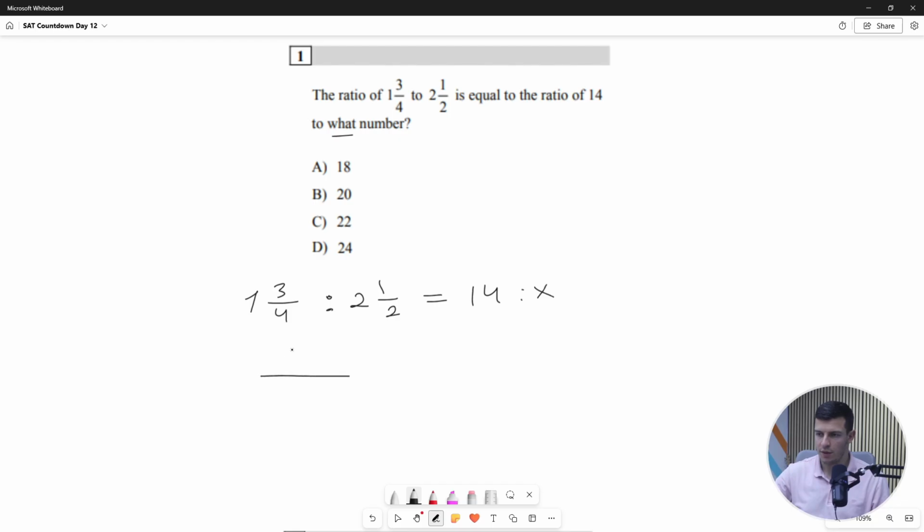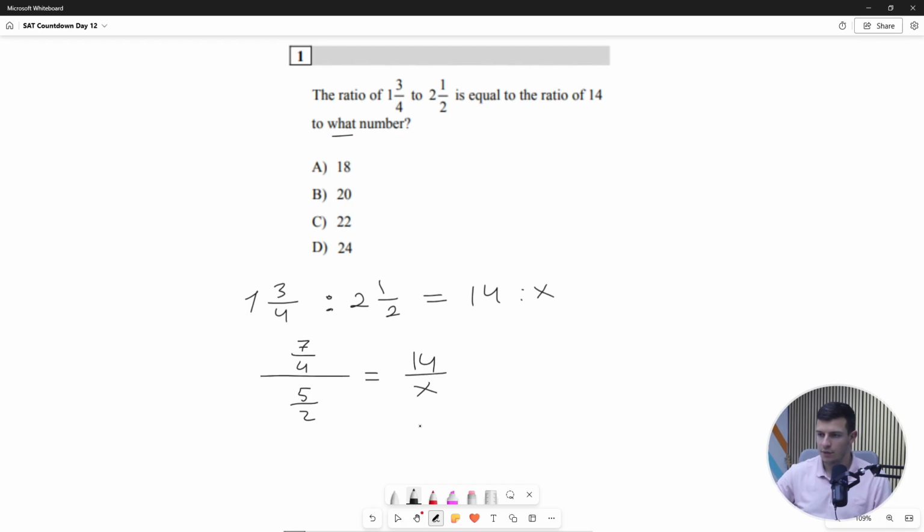So what I'll do here, I will write them as fractions, but I also want to write them in improper fraction form. So this will be 7 over 4 divided by, or it's a ratio, it's not really a division, but we can treat it as one, 5 over 2, and that's going to be equal to 14 over x.